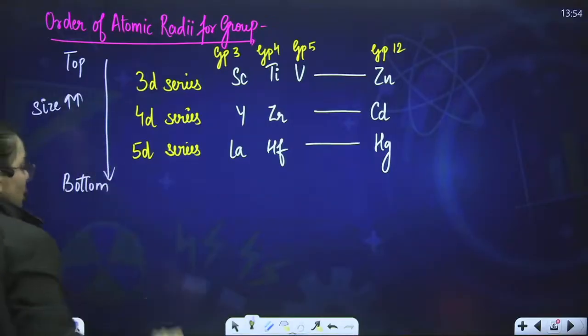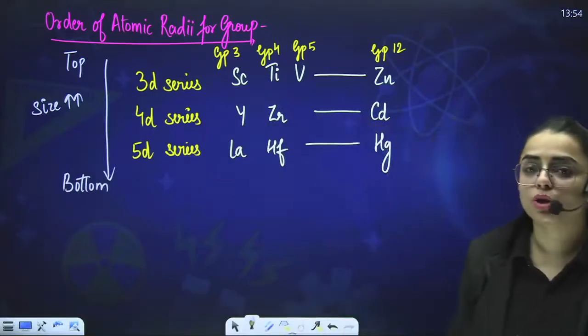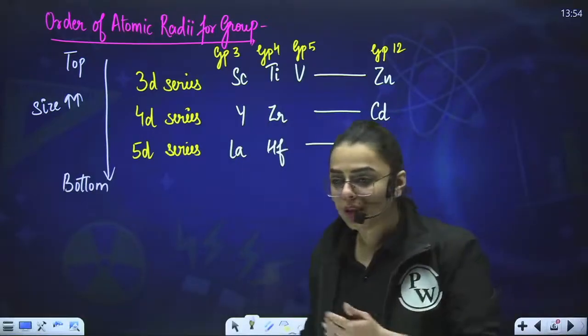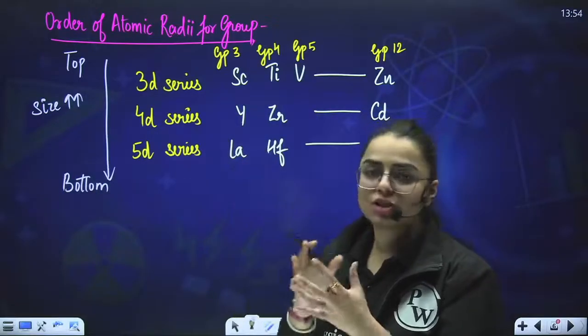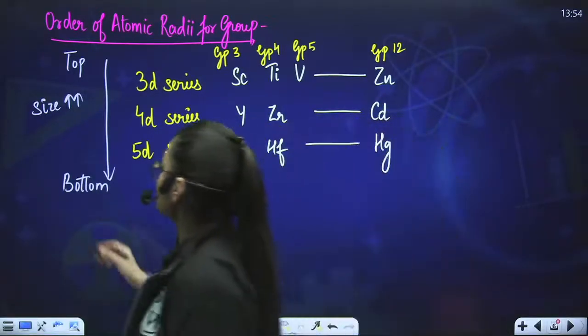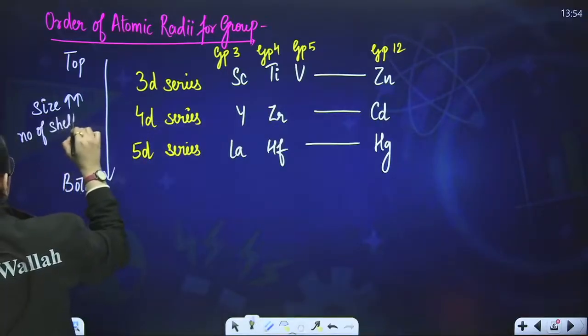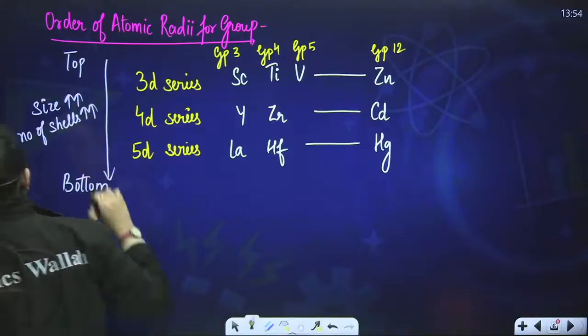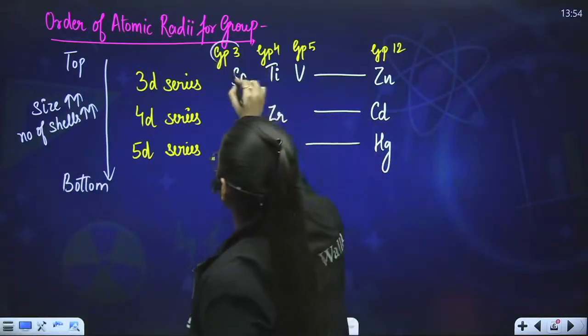Why will size increase? You have done the p block elements chapter as well. I've told you, when you move from top to bottom, the number of shells increases. When the number of shells increases, the distance from the center of the nucleus to the outermost valence shell also increases, so the size also increases. Now this is the order for the general case. This order will be valid only for group number third elements.